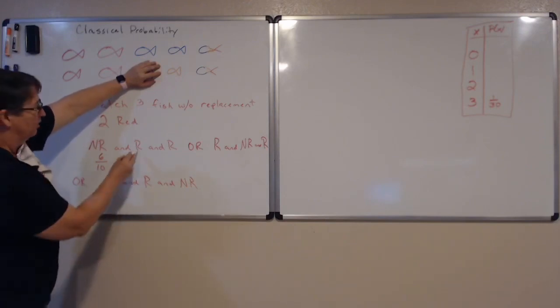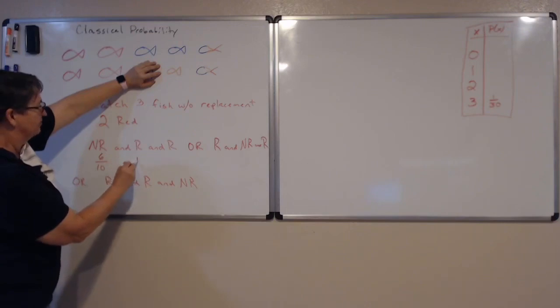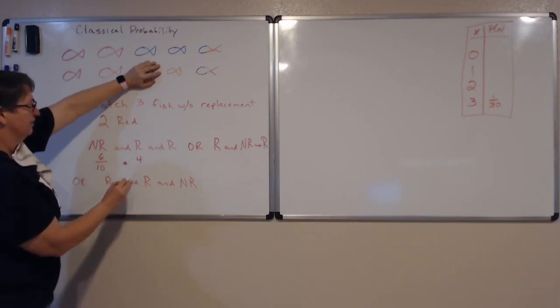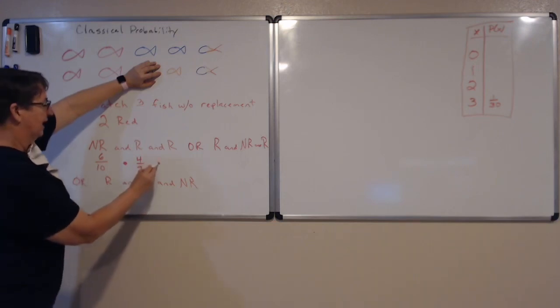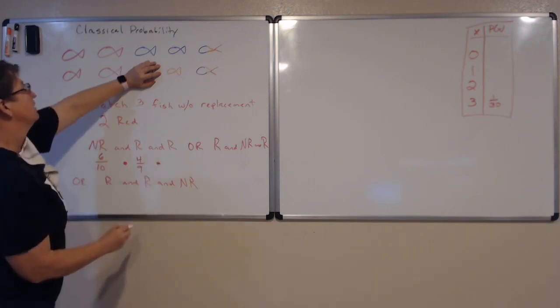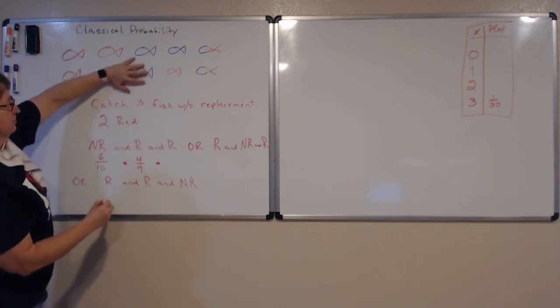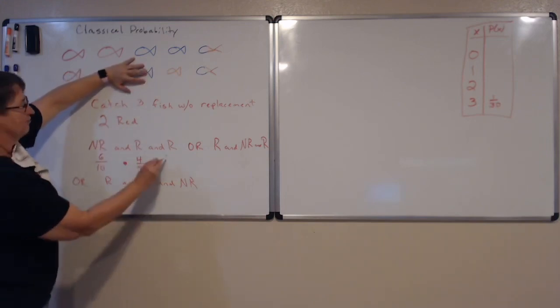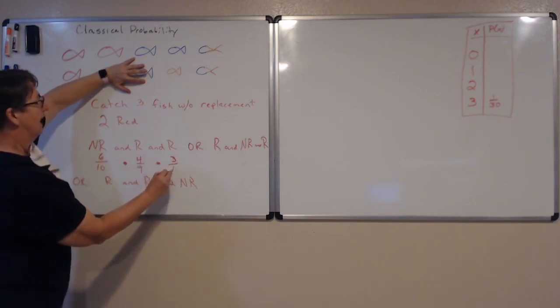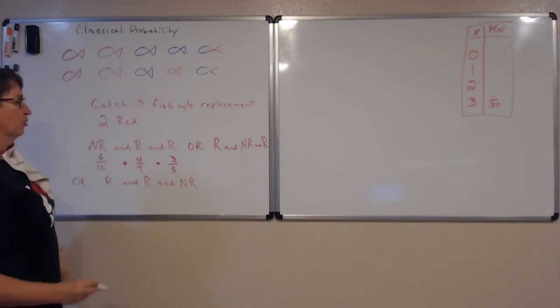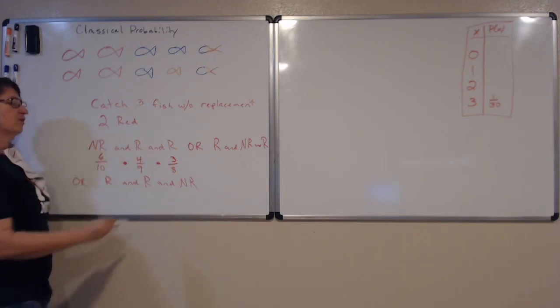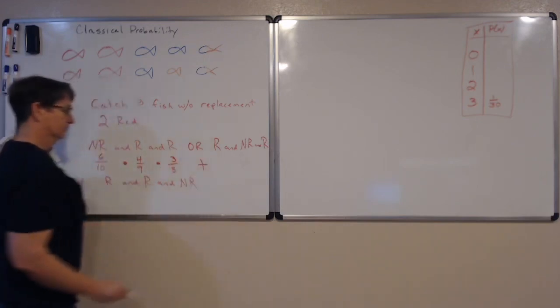So now there's 4 reds left, but only 9 fish in there. And now I've eaten a red and a blue, but not red. So I only have 3 reds left and 8 total fish.